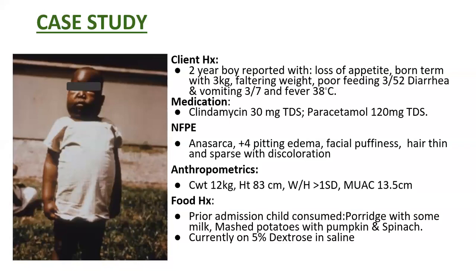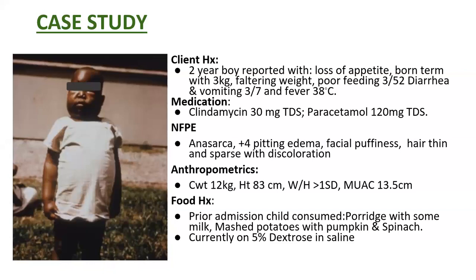In the nutrition focused physical exam, the patient presents with anasarca, which means generalized edema, grade 4 pitting, facial puffiness, and hair which is thin, sparse, and discolored. The current weight is 12 kgs with a height of 83 centimeters, with a Z-score of above 1 standard deviation.